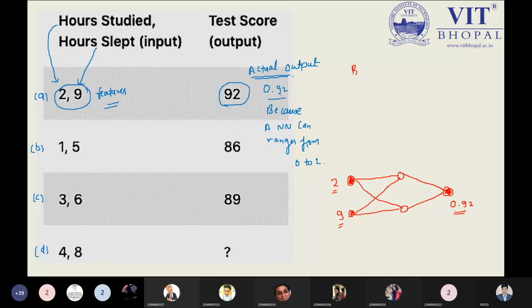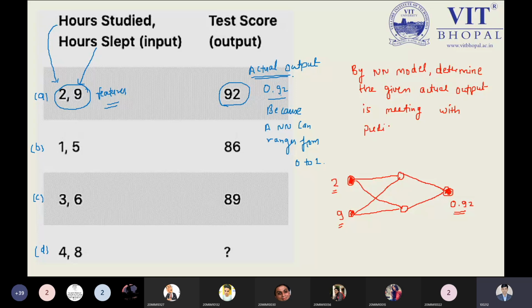Using a neural network model, determine whether the given actual output is meeting the predicted output.